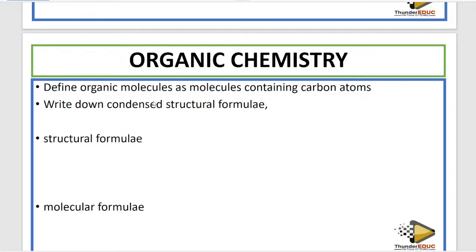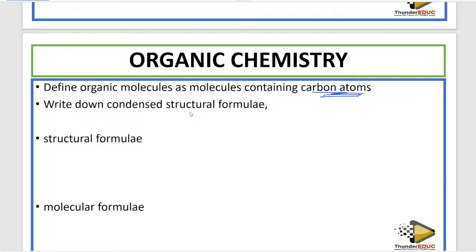Organic chemistry, or an organic molecule, can be defined as a molecule containing carbon atoms. So molecules which have carbon atoms, we call them organic molecules. You must know how to write a condensed structure formula.